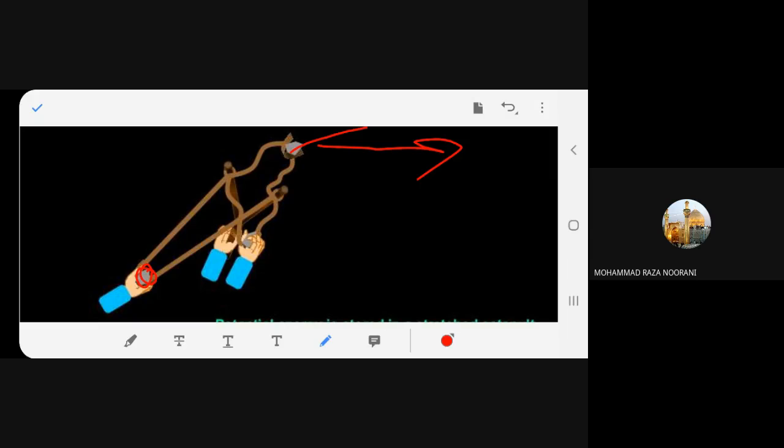And with a catapult, you can hit anyone. People usually play pranks using the catapult. But earlier, the catapult was used to kill birds and small animals for eating purposes.